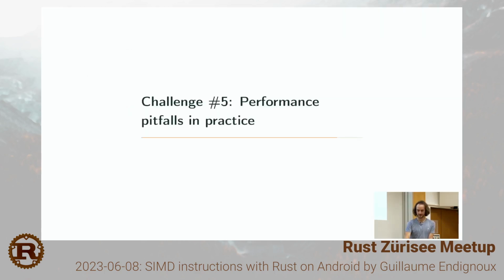And this leads me back to SIMD and the last part of my talk, which is about performance pitfalls. As I mentioned before, the goal of SIMD instructions is to speed up your algorithms. When you write an optimized algorithm, you really want to get the best performance.